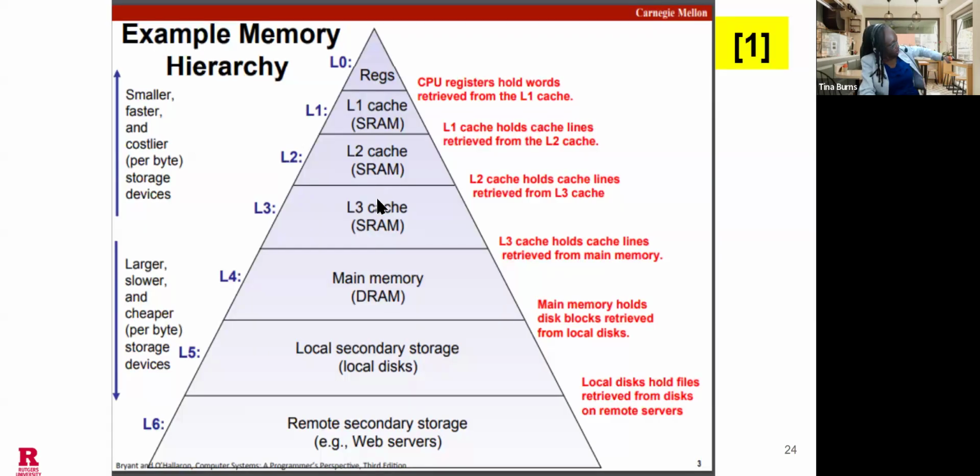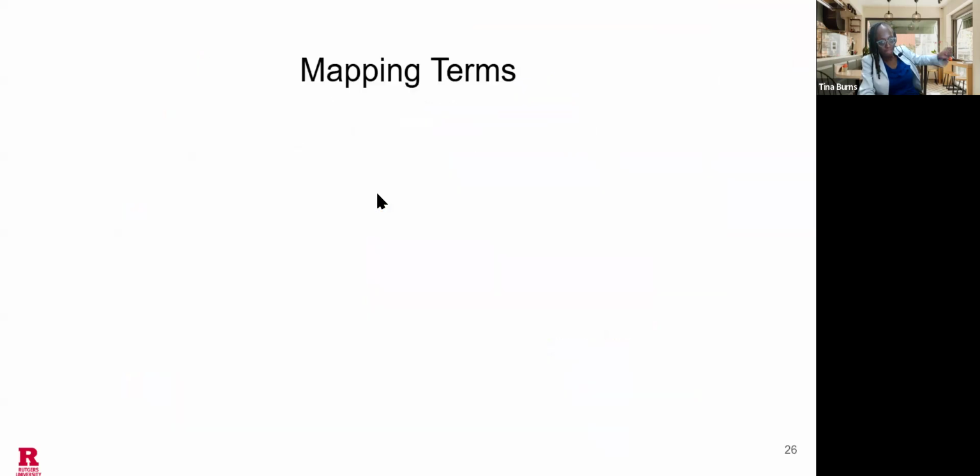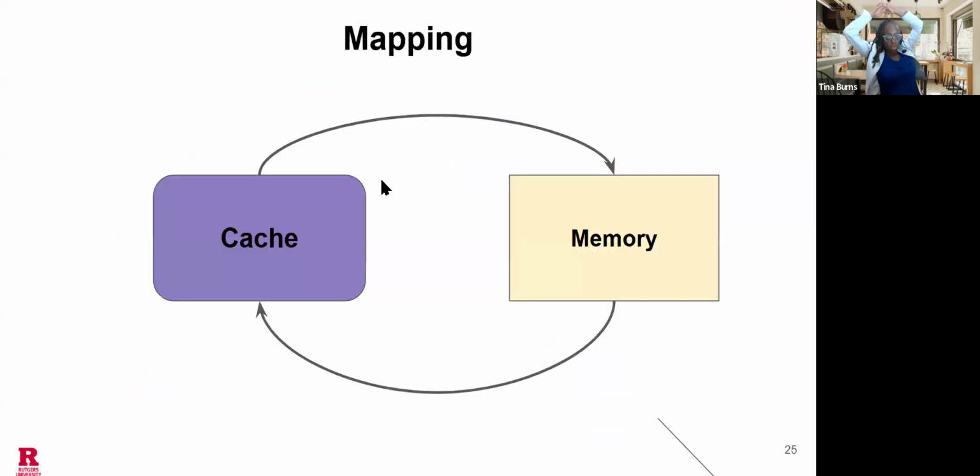So we start off with the main memory and an address we're looking at. And then we take that address and we put it in a subset. As I put it in this subset, now I need a way to reference it from that subset, or a way to determine how I want to enter it into the system. The same if we go back to the example of the shoes.